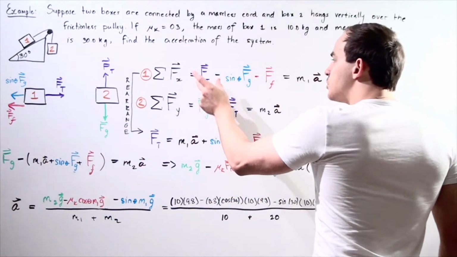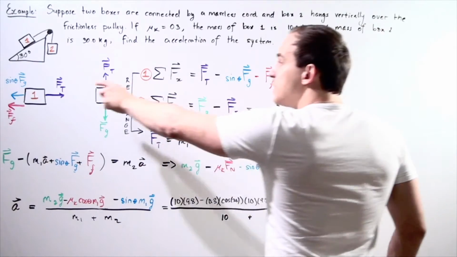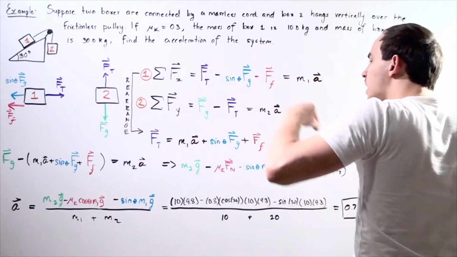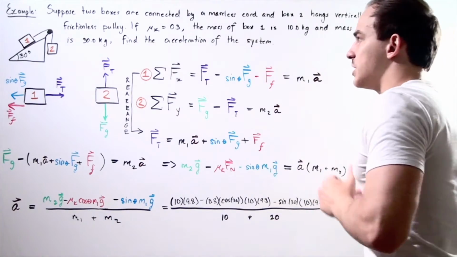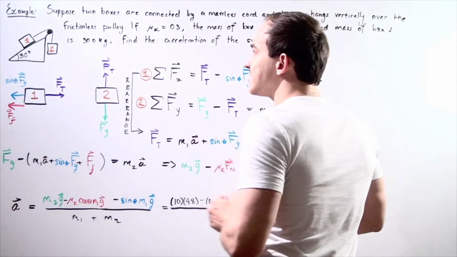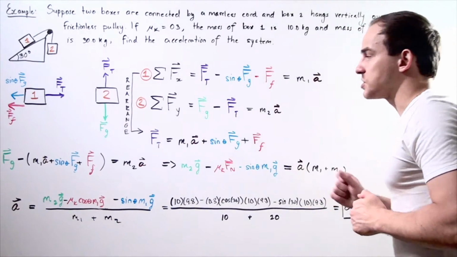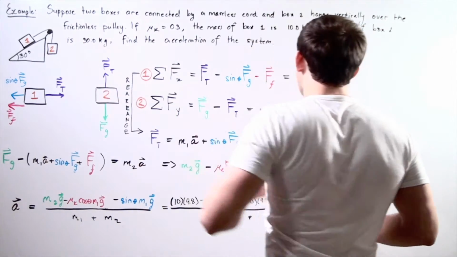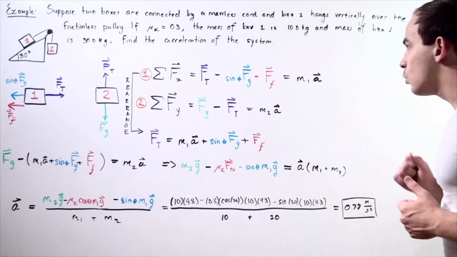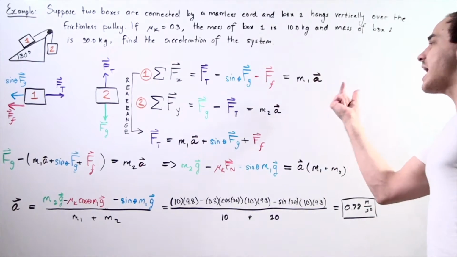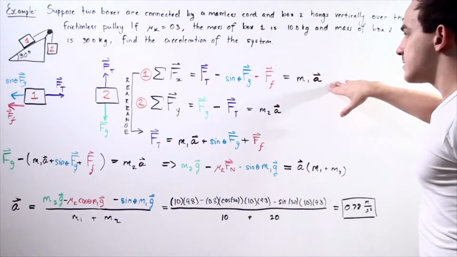So the tension in the rope minus these two forces, so minus the sine of the angle multiplied by the gravitational force that's acting on object number 1 minus the frictional force that's also acting on object number 1 is equal to mass of object 1 multiplied by whatever our acceleration is.